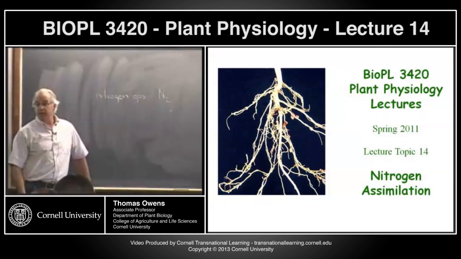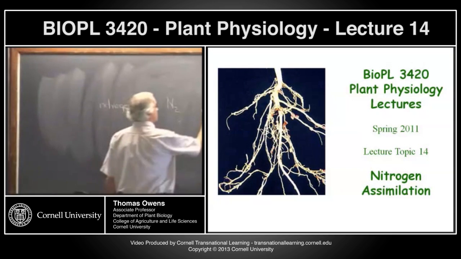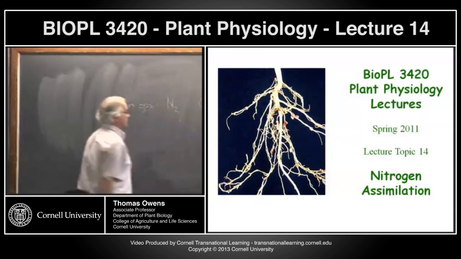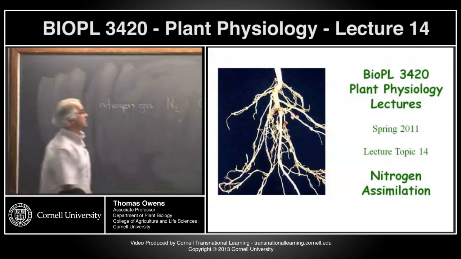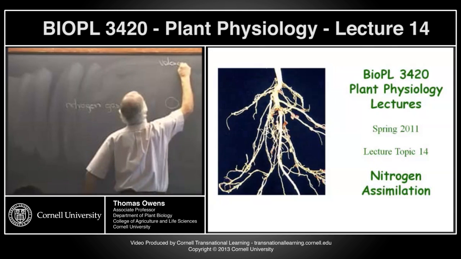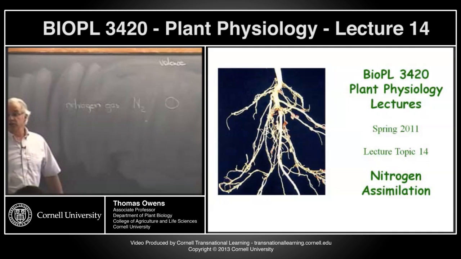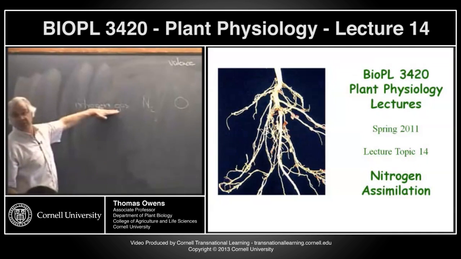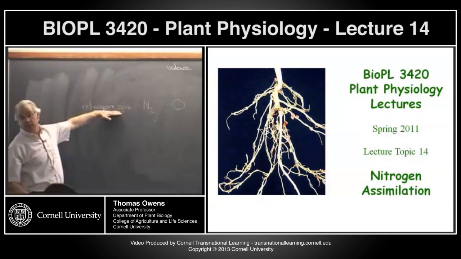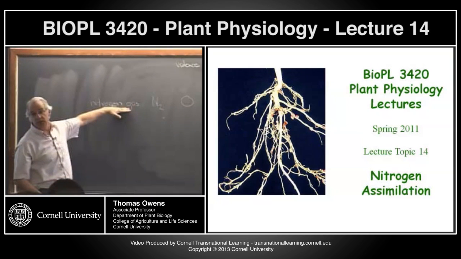And if we think about the valence of nitrogen in these different compounds, the valence of nitrogen gas is 0. The most common form of nitrogen that's available, nitrogen gas, is not available to plants. Plants cannot make use of this as a nitrogen source, even though there's tons of it out there.